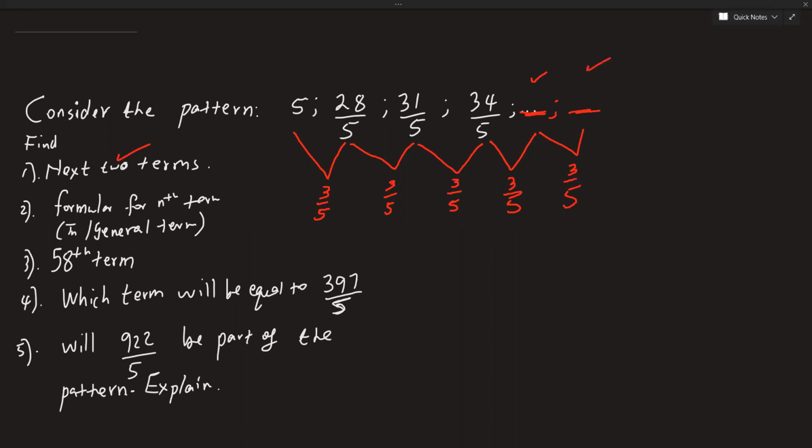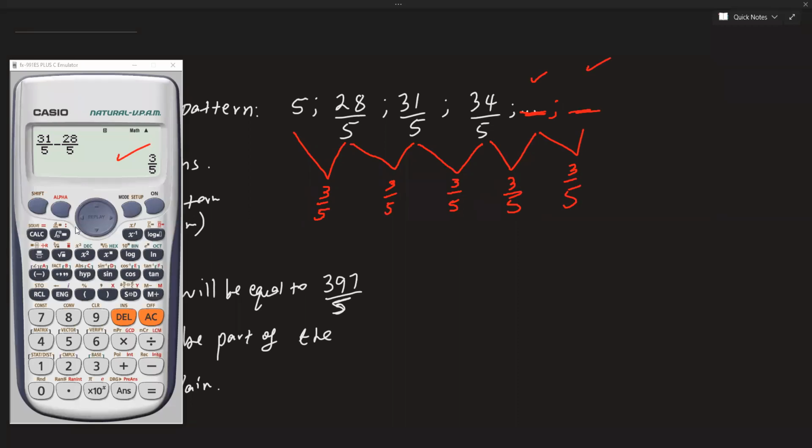So on my calculator, 31 over 5 plus 3 over 5 gives us that one. Then I add 3 over 5 again to the answer. That gives us 37 over 5.